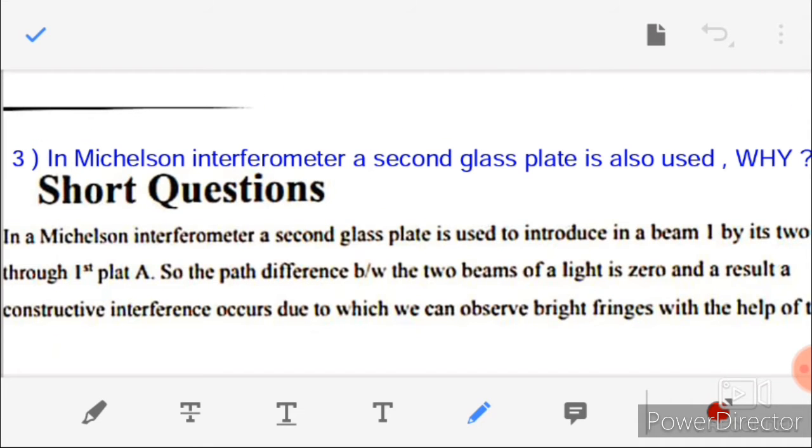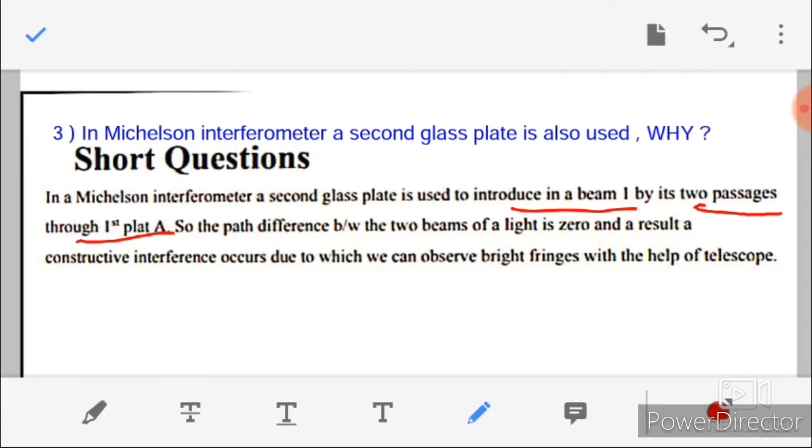Question number 3. In the Michelson interferometer, a second glass plate is also used. Why? Answer: in the Michelson interferometer, a second glass plate is also used to introduce in the other path the same passage through the first plate A. So the path difference between the two beams of light is 0.